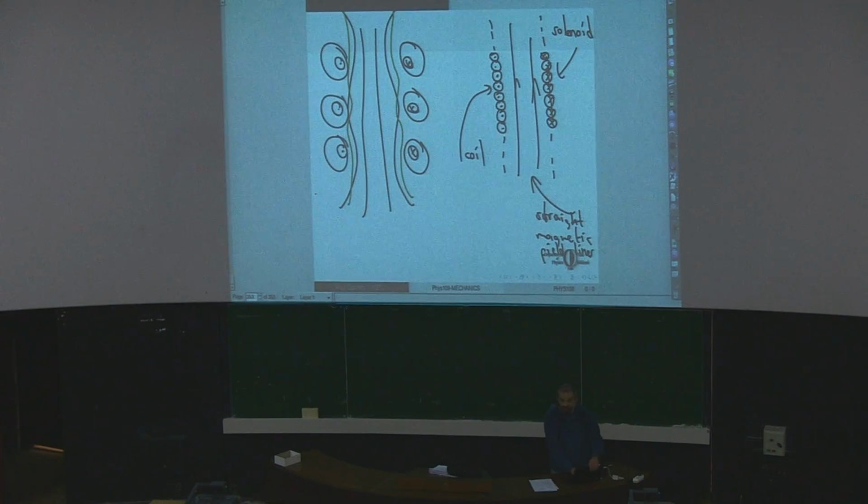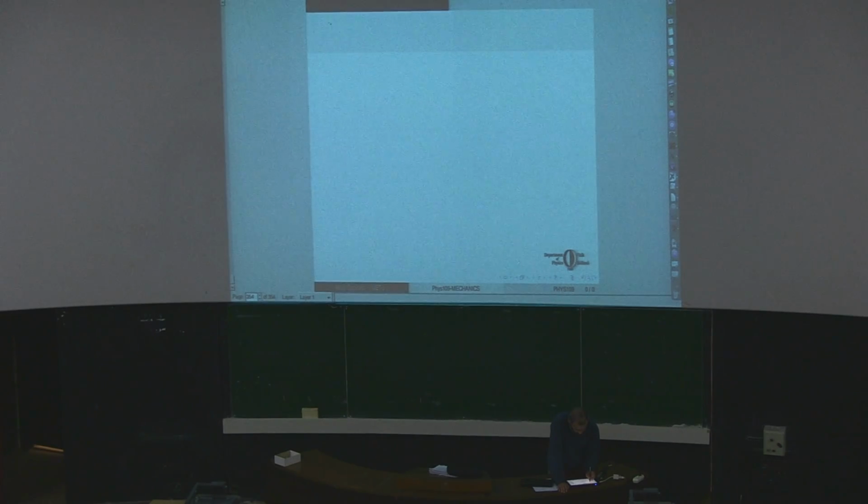Now let's look at their magnetic field. How much magnetic field do they create? So this is our solenoid. We have already determined that the magnetic field lines should be just straight lines.